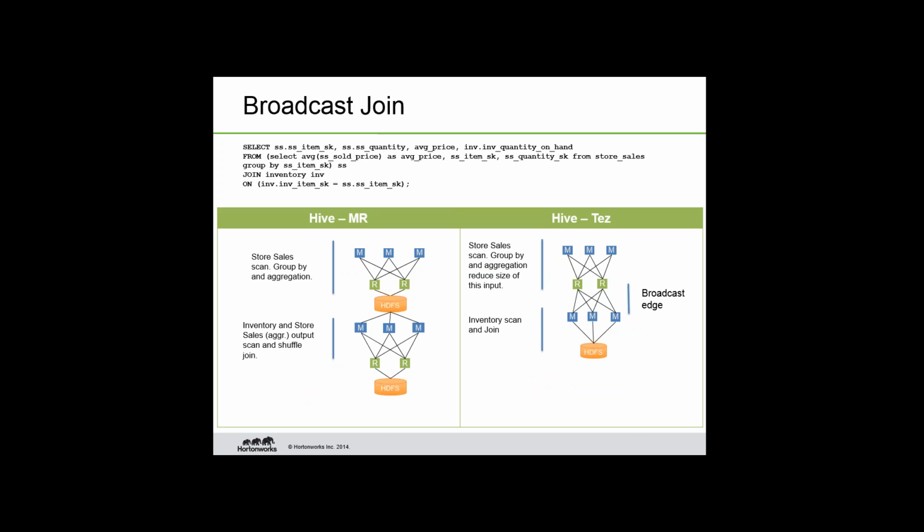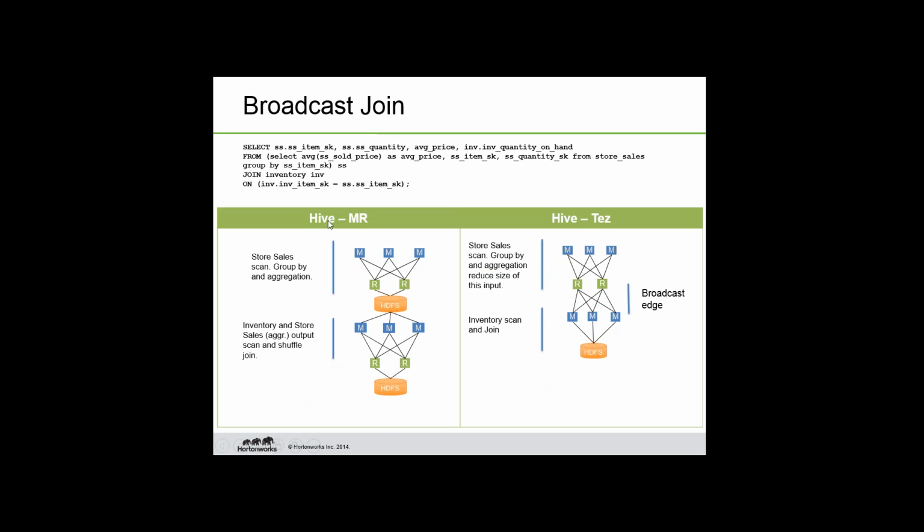For another type of join, if we see the approaches between Hive MR and Hive Tez in the case of broadcast joining, we'll be able to see that the differences between these platforms are very clear. Suppose a user is throwing the following set of queries for the analytics query over the sales and the inventory data.